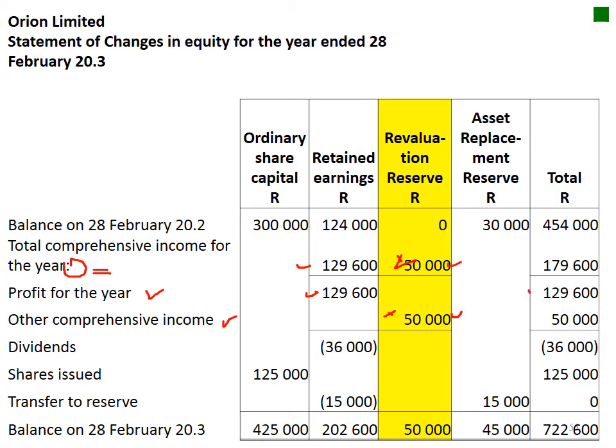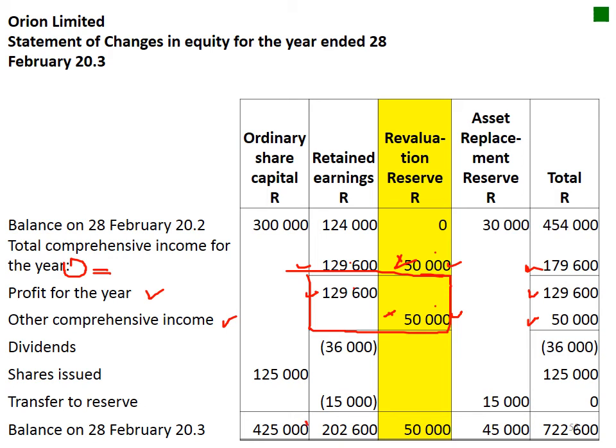So here we have the 129,600 profit, the 50,000 revaluation reserve, giving us the total comprehensive income for the year of 179,600. So we must not add the 129,600 twice in this column. We must also not add it twice there. There's a block here around this. Sorry, the mouse is making me go very skew. This block is because we're adding those amounts together to give the total at the top.